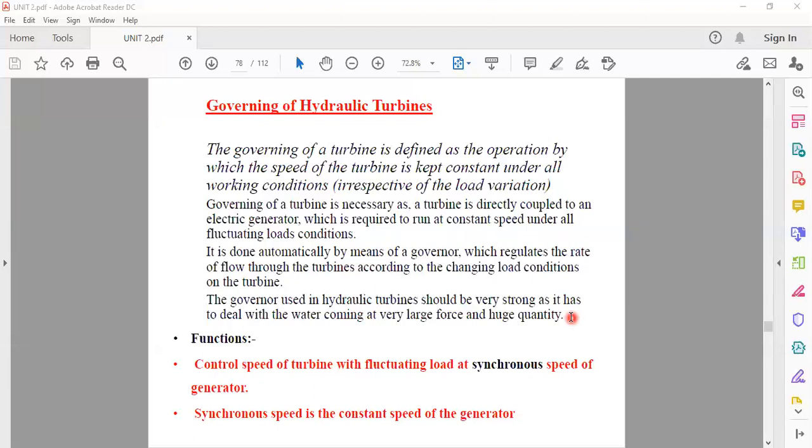So any doubt, any queries in work done and efficiency of the Pelton wheel, please ask me. Any doubt, any queries? No doubt?